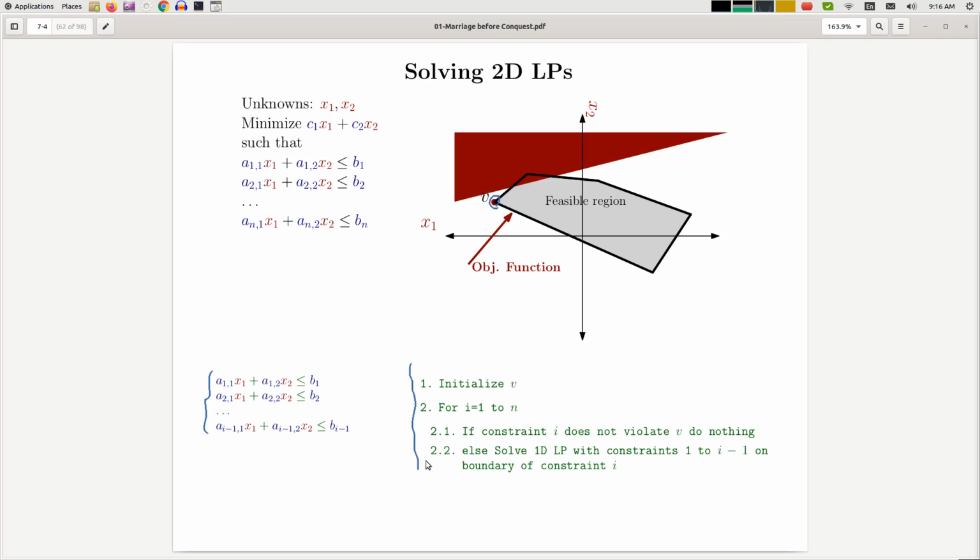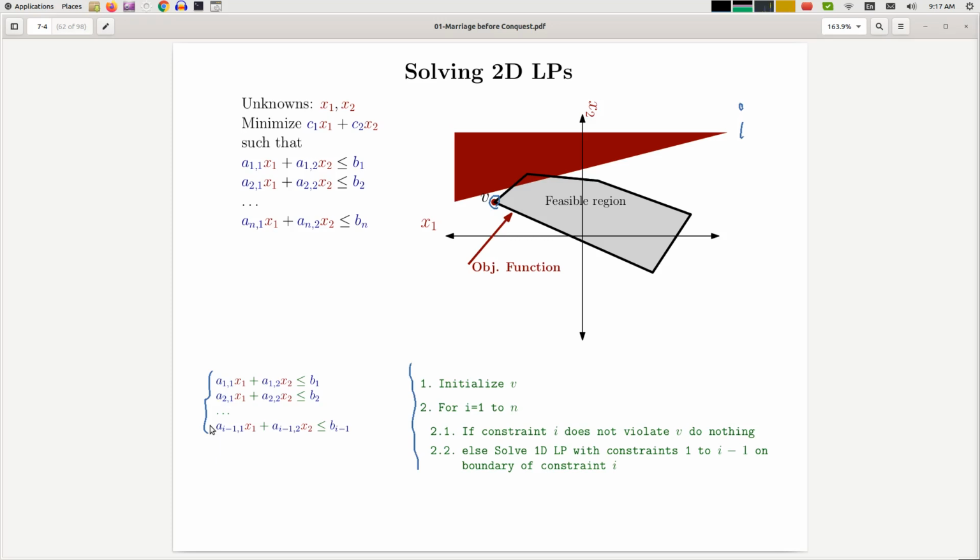So let's add constraint i plus 1. As we covered previously, the constraint is equivalent to a forbidden region or a forbidden half plane. If the constraint number i forbids that part of the picture, crucially, it does not forbid the value v. The value v was the minimum that could satisfy constraint i minus 1. And if it still satisfies constraint i, then it's still the minimum, because adding the constraint number i can only make this worse.